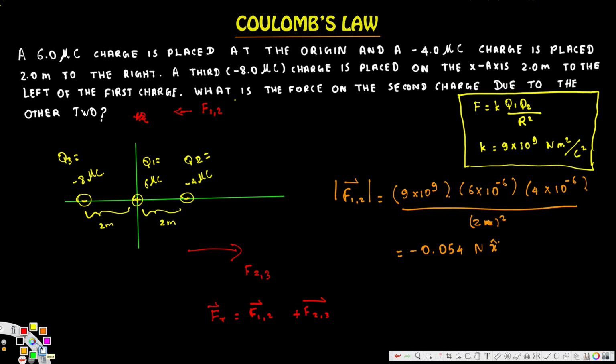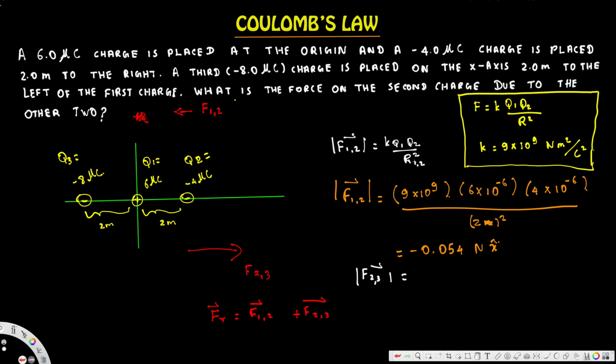Now let's look at the next one, F23. Let's calculate the magnitude first. F12 is going to be K Q1 Q2 divided by R12 squared. It's better to write R12 squared because the distance is going to be different when we consider R23.